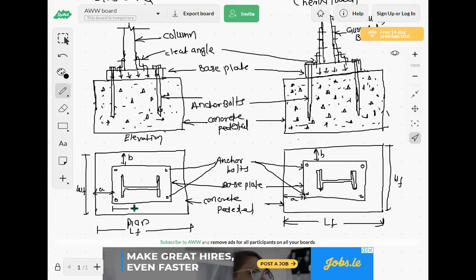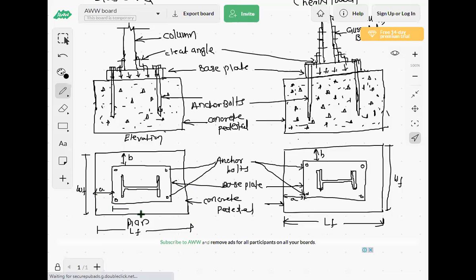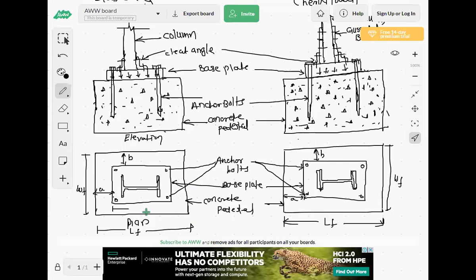Again, this is the length of plate and this is the width of plate.